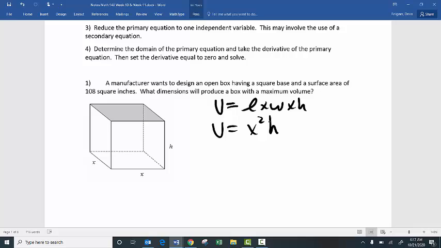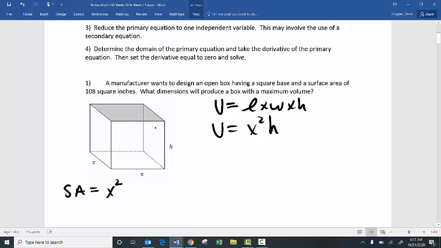What they usually do is give you another formula. They tell you something about the surface area, which is the amount of material it's going to take to make this box. The surface area is just the area of all the pieces added together. The area of the bottom is x times x, which is x squared.